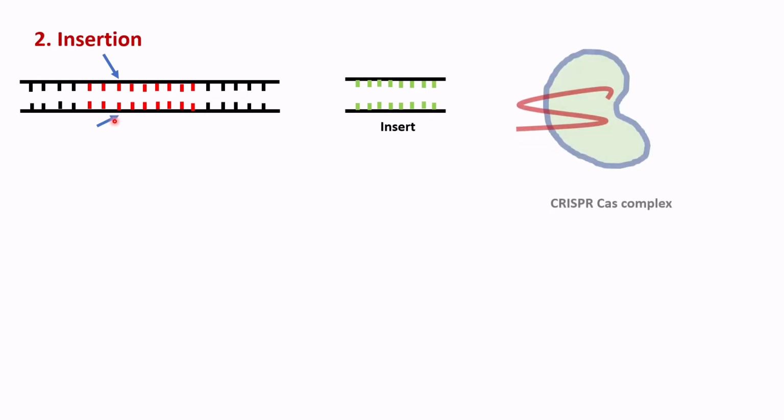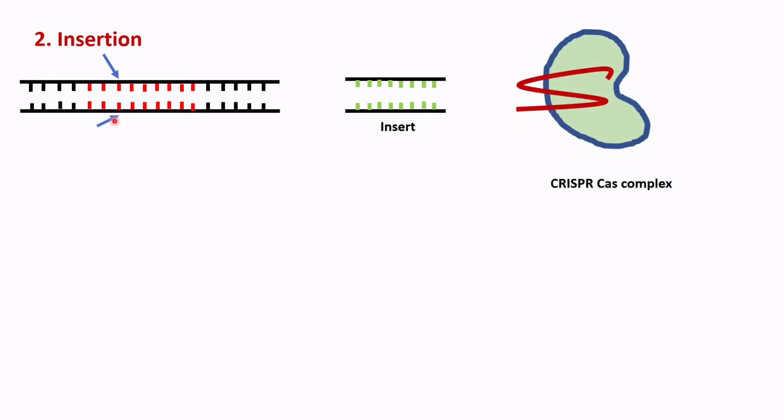Insertion. In this case, this is your DNA. And this is the nucleotide sequence you need to insert here. So, in this case, you just add this insertion sequence along with CRISPR-Cas.